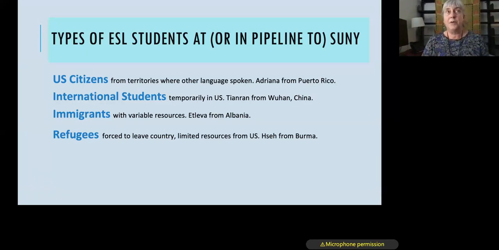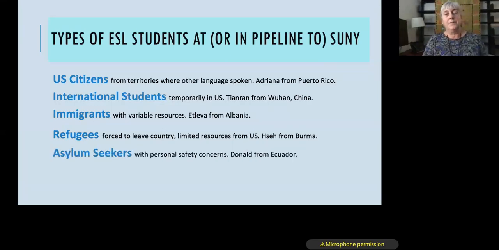I remember there was a wave of students from Burma back around 2006, I believe it was, and that continued for a few years. We've had waves of students from different countries in Africa, Afghanistan, relatively recently, and now Ukraine. It all follows the political developments around the world, where our refugees come from.